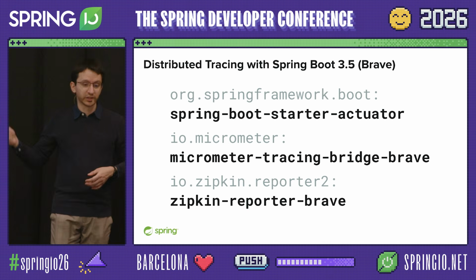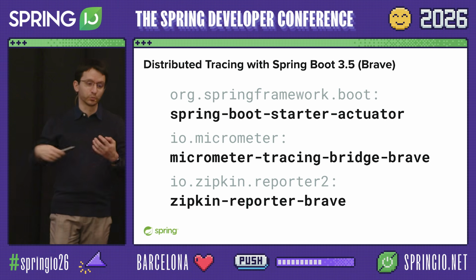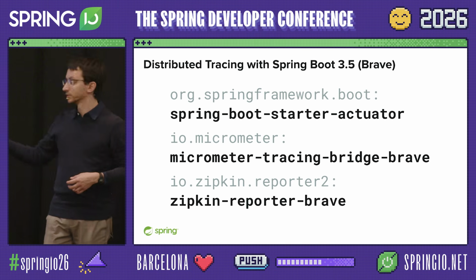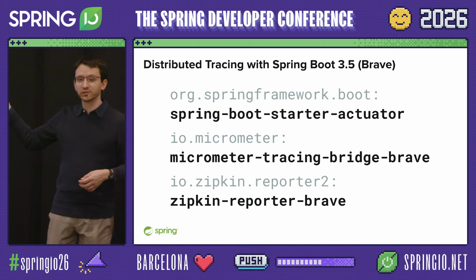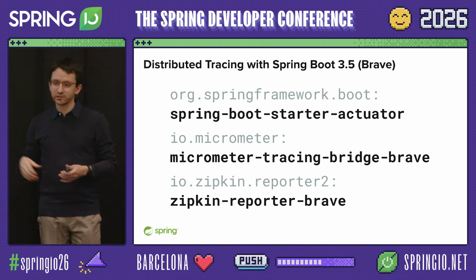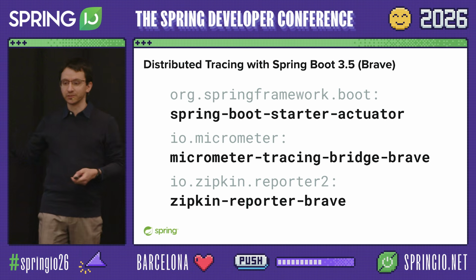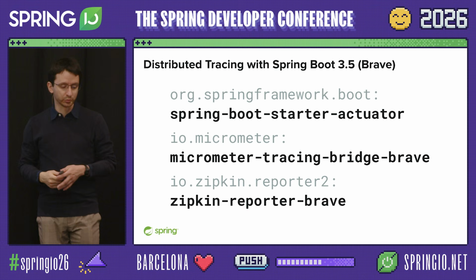And then you need to tell Brave where to report the data. I'm just using a Zipkin reporter here, and that's it. If you omit that last one, you will still get the trace ID and the span ID in your logs, but the data will not be sent anywhere. The spans will not be reported to a backend.